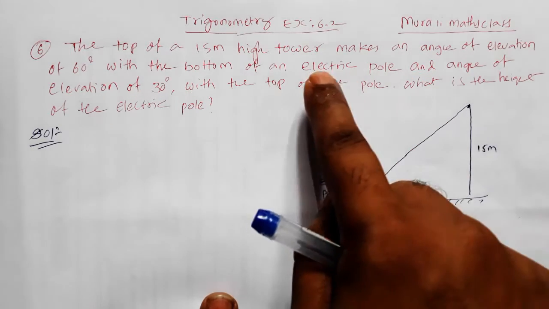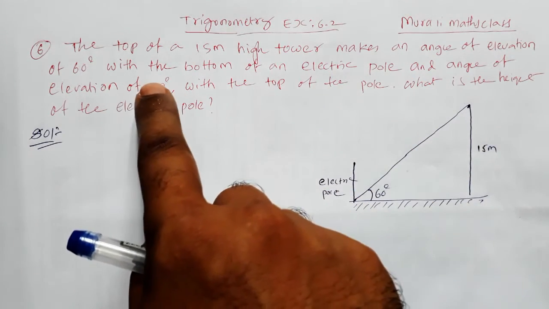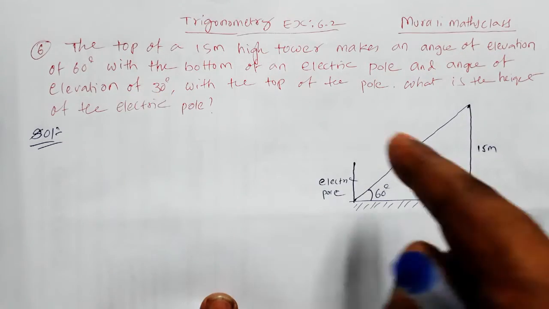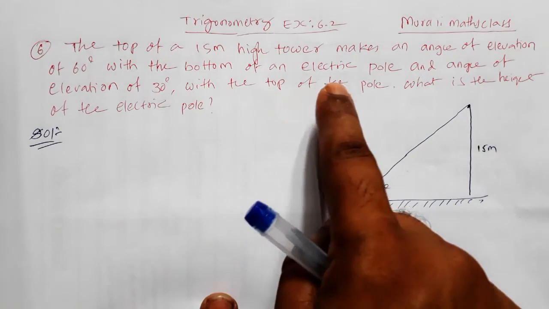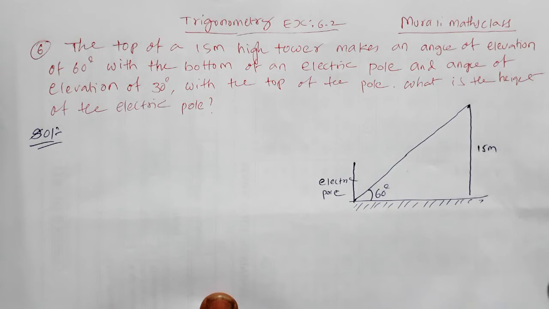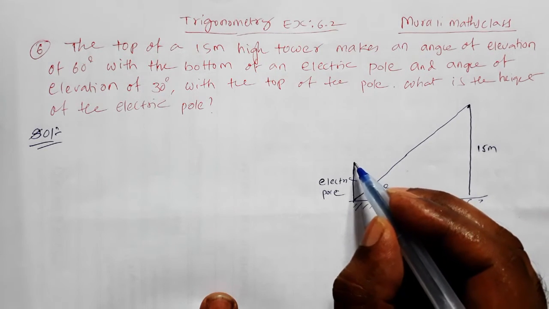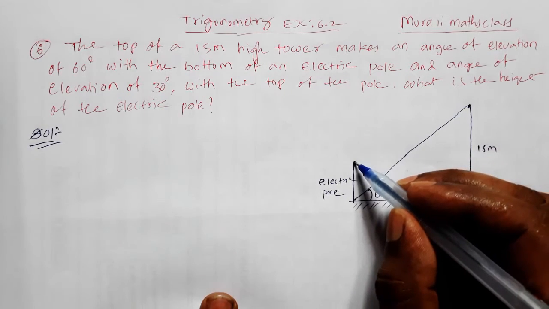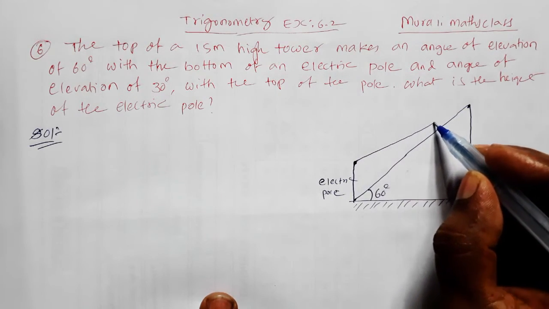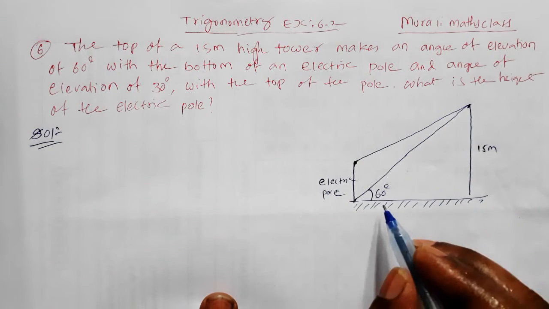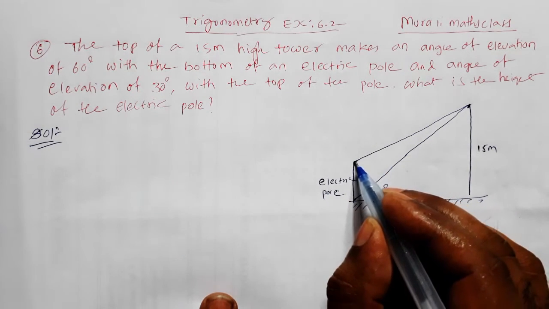Next, 60 degrees is completed with the bottom of the electric pole. And angle of elevation of 30 degrees with the top of the pole. Top of the pole means this one. So with this top of the pole, it is making how much angle? 30 degrees. For that, for this ground, you draw one parallel line.